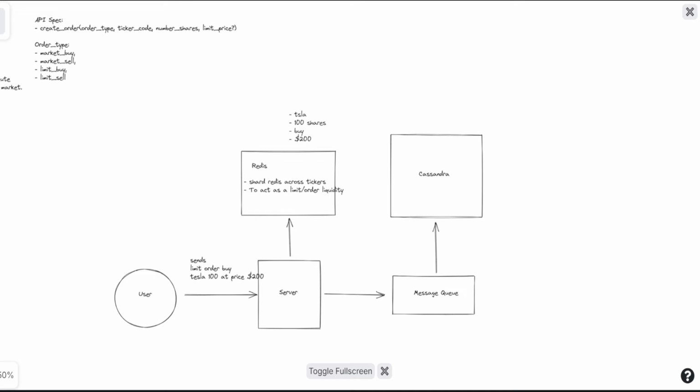So let's say when you put this order into the Redis sorted set, I think they will try to find the one that goes to the Tesla as well, and we'll find with the key maybe sell.